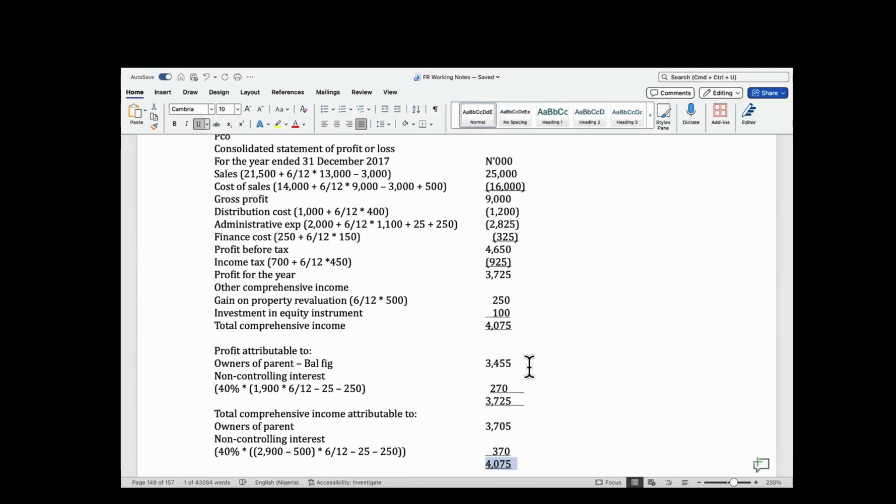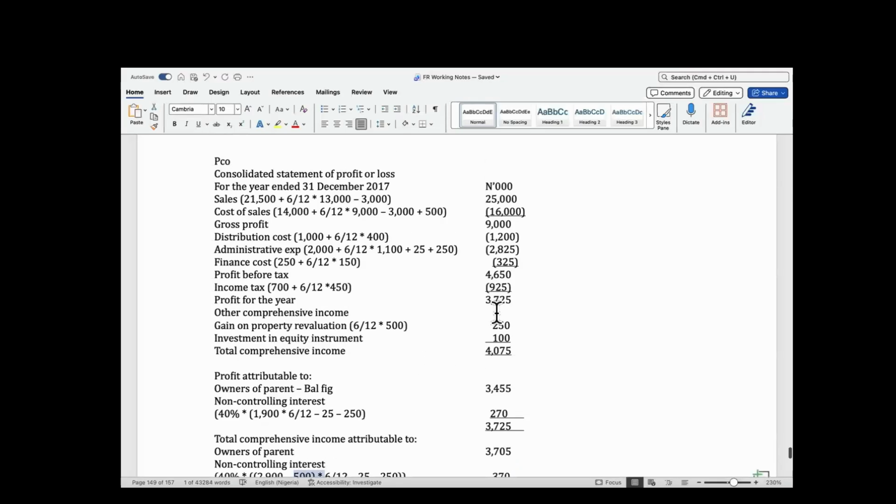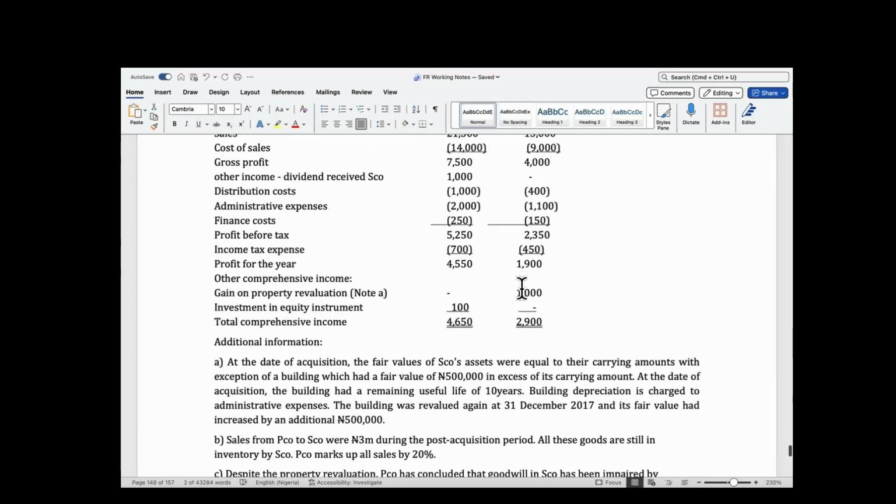Any confusion? Yes, sir. Okay. The non-controlling interest of the comprehensive income. You were saying you got 500 from somewhere and it's 29. I don't understand. This 500 is the pre-acquisition retained earnings or reserve inside here.